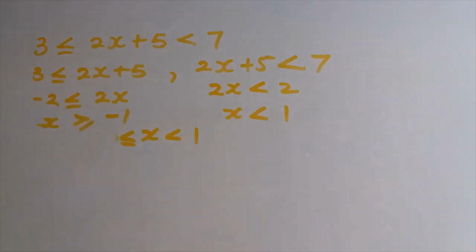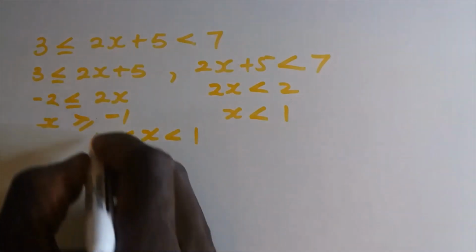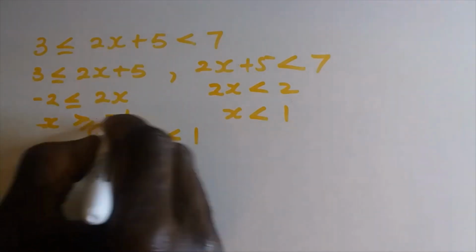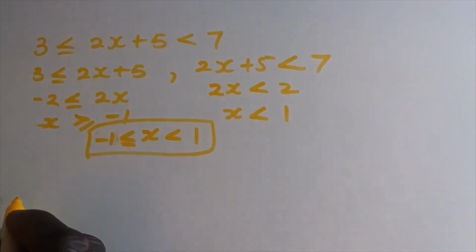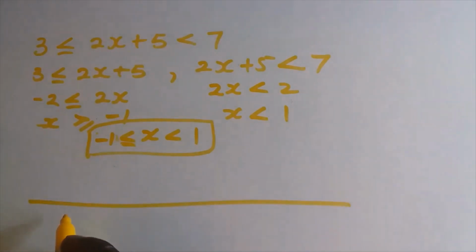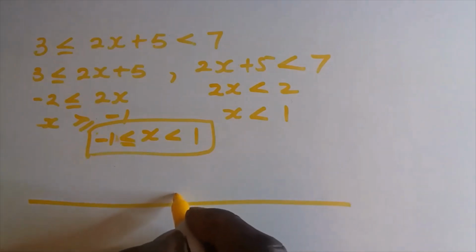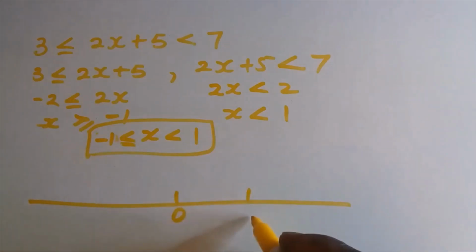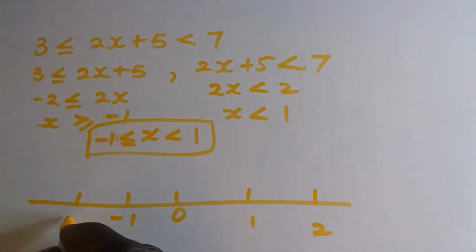Negative 1. And on the number line, let's call this 0, 1, 2, negative 1, negative 2, negative 3, and so on.